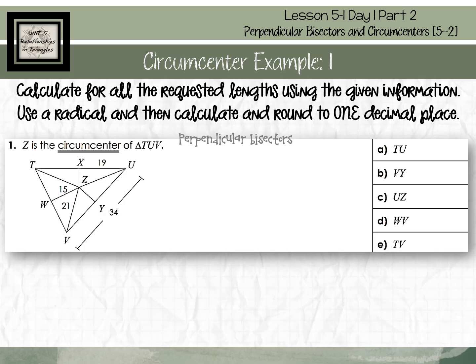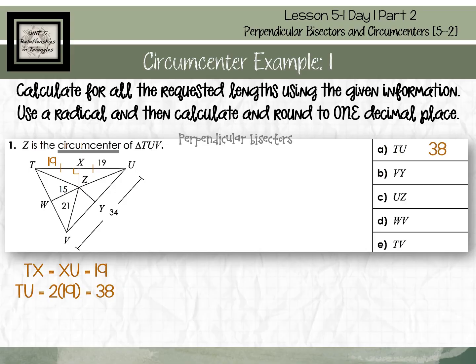All the perpendicular signs and the congruent side lengths from the midpoints are not shown on there, but we know them. So those two are the same length, so they're both 19, but part A is looking for TU. So the length of segment TU is those two added together, or just twice one of them. That's going to be 38.